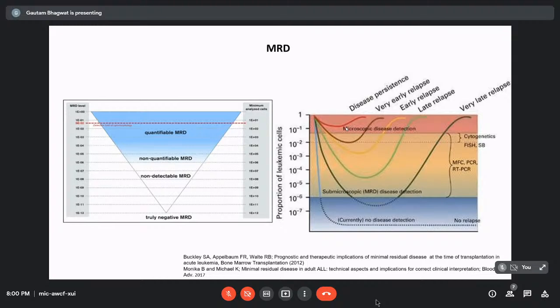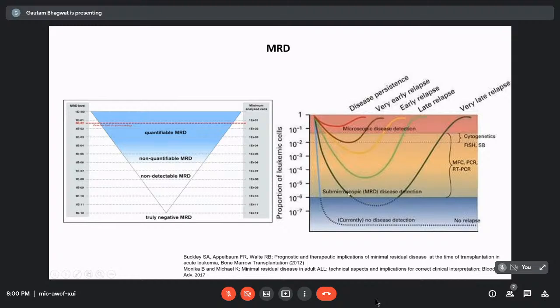So the aim of any treatment is to get zero blasts. Ideally that might not be possible, so zero clonal cells might not be possible, but if you see here, when you go to the proportion of 10 to the power minus 6 or 10 to the power minus 7, if the disease is less than this, the chances of relapse are almost nil.